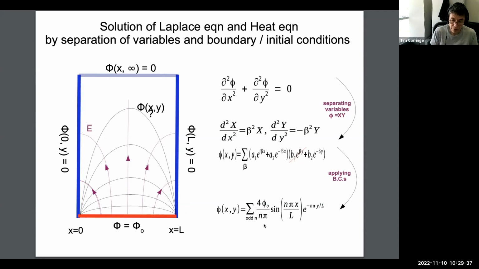And when we look through the Laplacian reminder, when we look through the heat equation introduction, you probably want to be thinking about the similarities between these 2 examples and the differences between these 2 examples. So similarities are we're solving partial differential equations by separation of variables using boundary conditions, initial conditions.